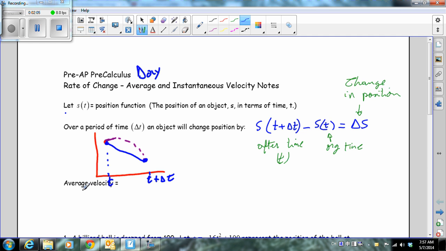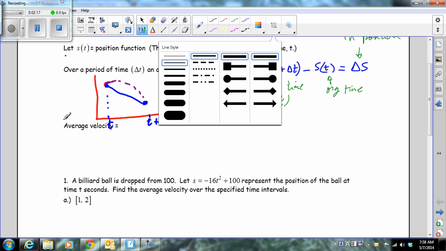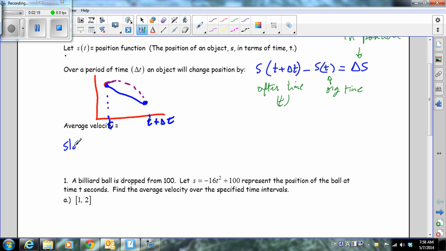All right, average velocity. Let's look at the average velocity here. The average velocity, which is this blue line, will be the slope of the secant line. Now, distance is equal to rate times time. You know this one.